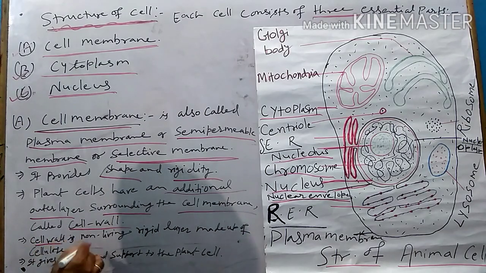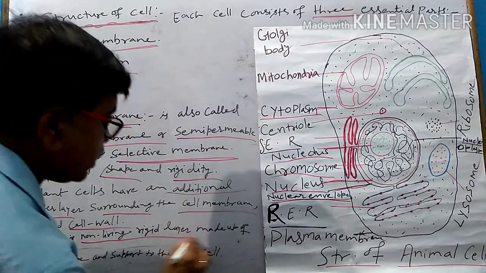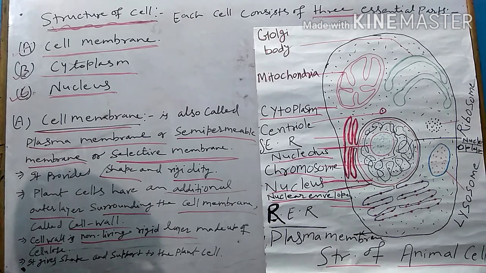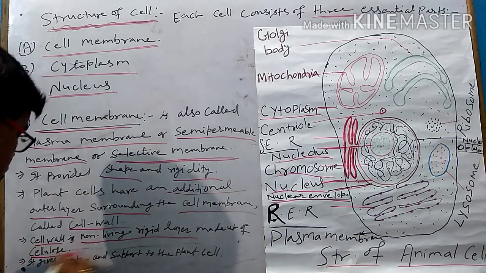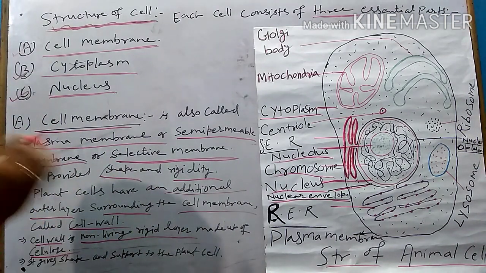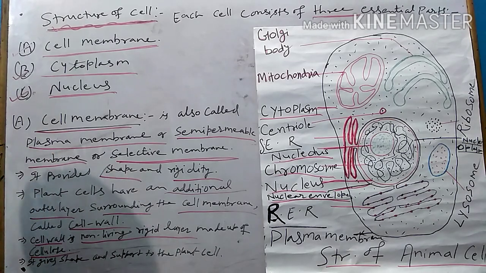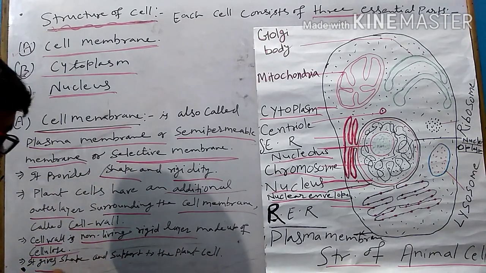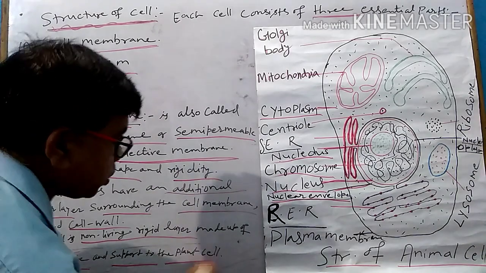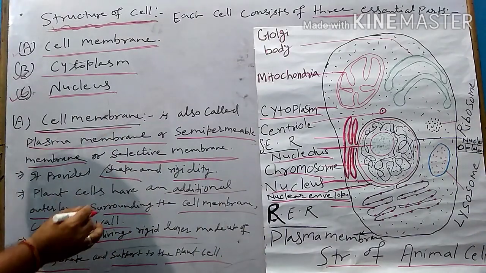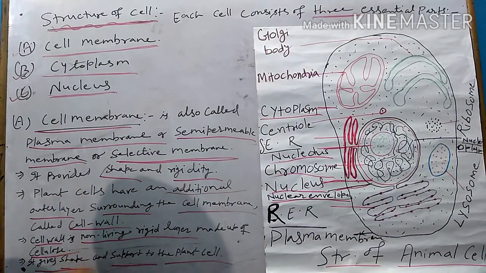This cell wall is a non-living rigid layer made up of cellulose, and its main function is to give shape and support to the plant cell.